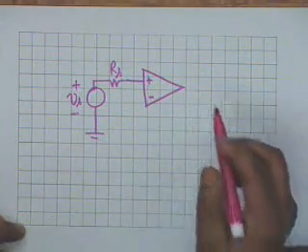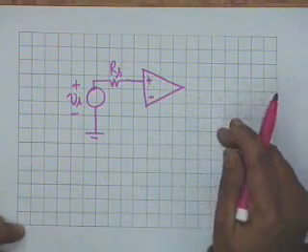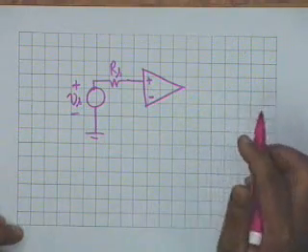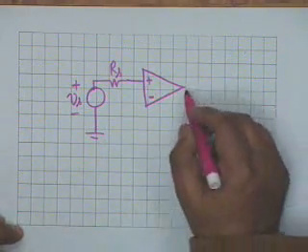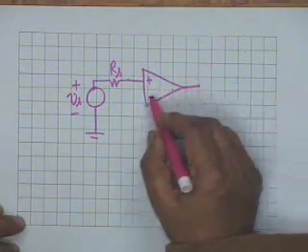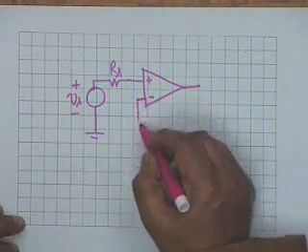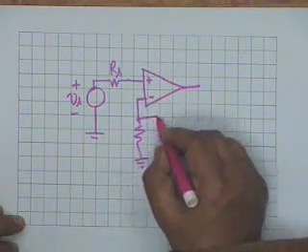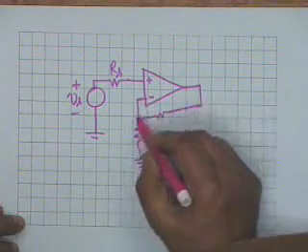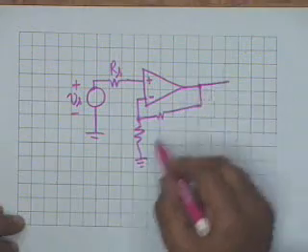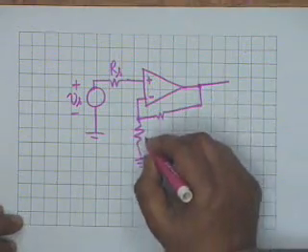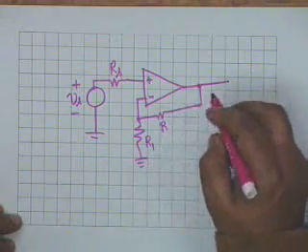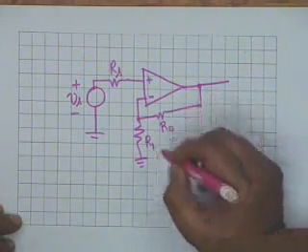As I said, an OpAmp cannot be left without negative feedback, because then it will oscillate, and therefore to be able to operate this, to the inverting terminal you must connect, depending on what you want, a resistance from input to output, and then suppose there is another resistance here, and let's call this R1 and let's call this R0.